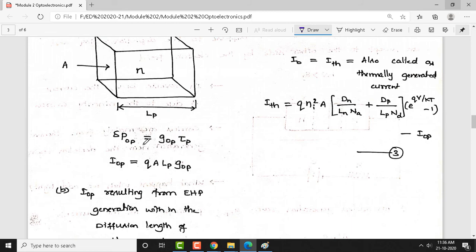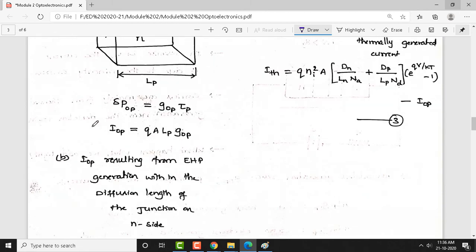So, this is the optical current in the N type semiconductor. Because we have taken the N block here, the optical current generated under this is a very small amount of current, because there is no strong electric field here.